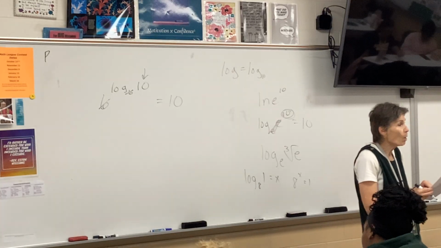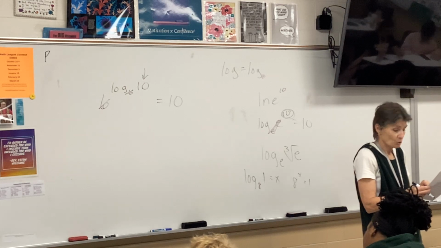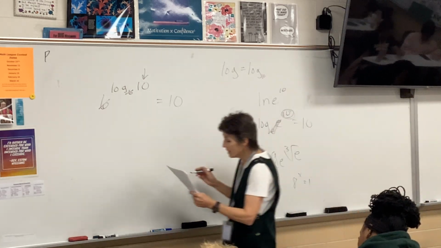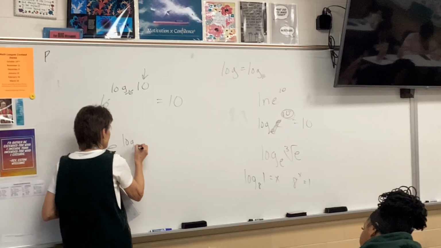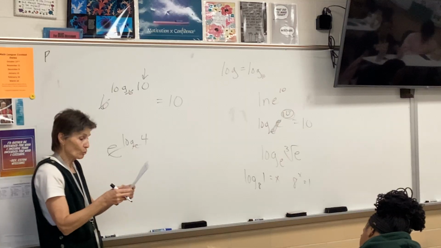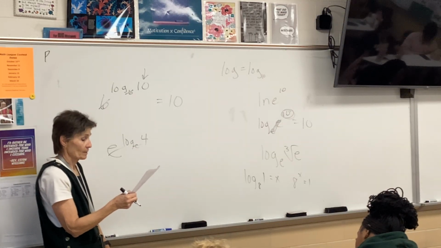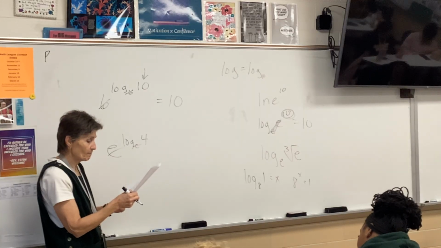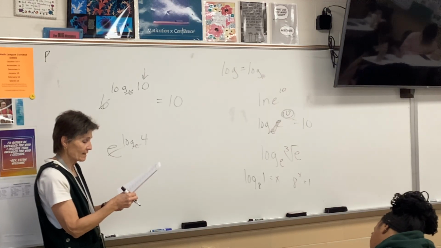How about 22? 22 is 4 because what's ln? Log base e. So there's your match. So 22, the answer is 4. What about 23? 11. How about 24? 7.